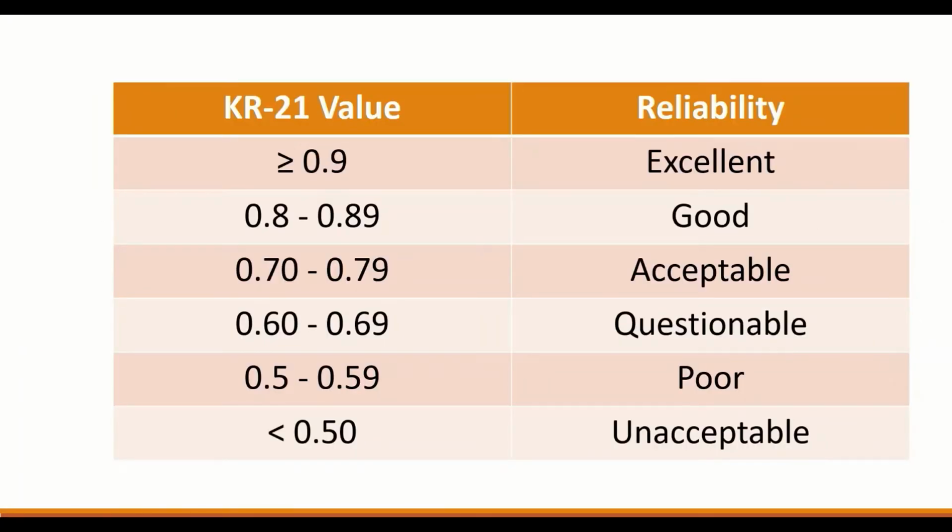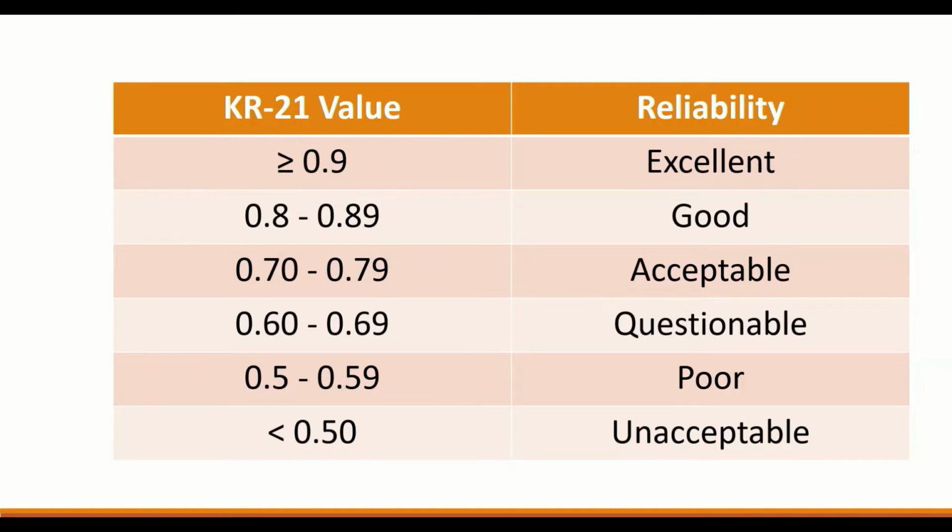The following table shows the KR21 value and the reliability level. If an exam has a value of KR21 of 0.9 or greater, then the test will have an excellent reliability.